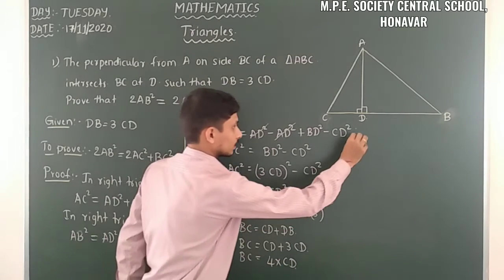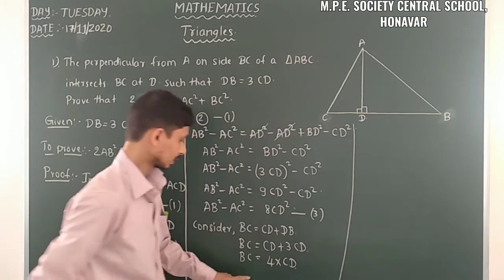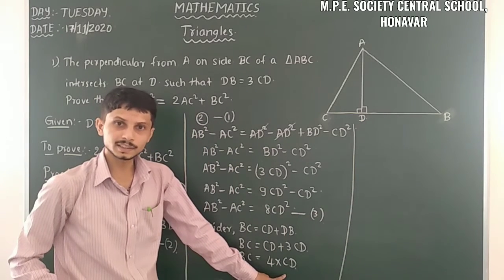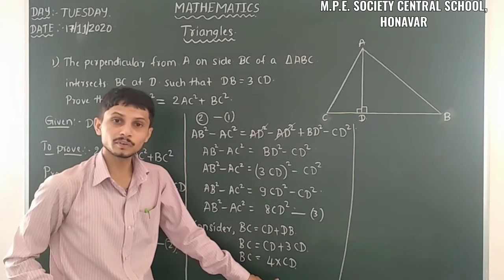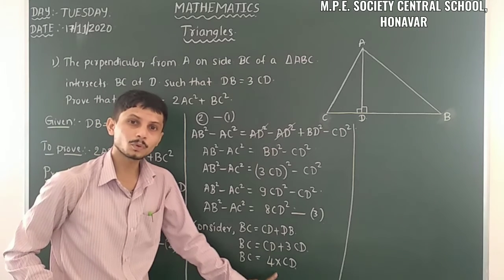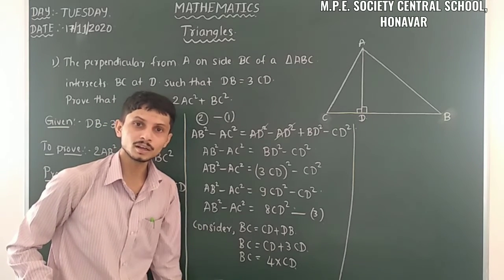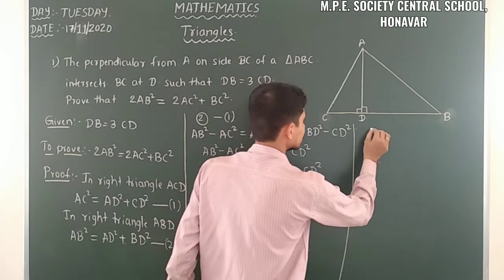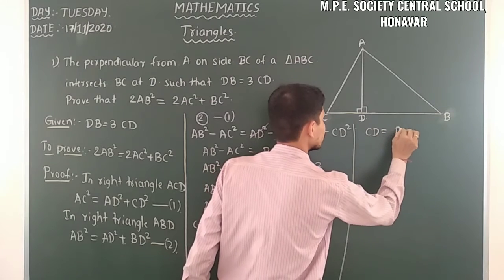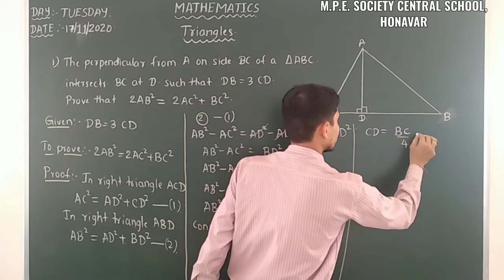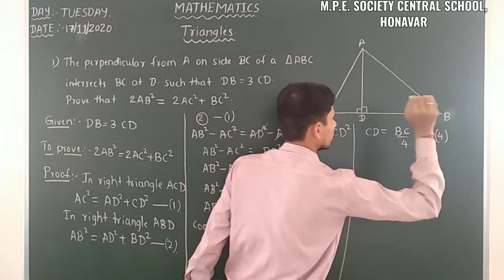We want CD in terms of BC, so we transpose this 4 to the LHS side, it comes to the denominator. That is CD is equal to BC divided by 4. I will take this as equation number 4.